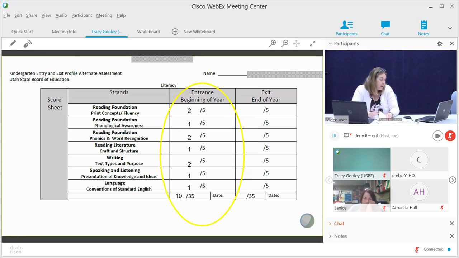And then on page 7, as you move through your rubrics, you will have this kind of overall score sheet where you can go back through and you add up your scores for each essential element. So does that make sense how we came to a score?